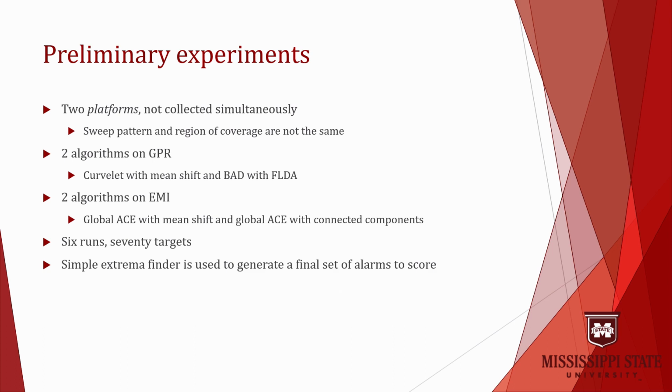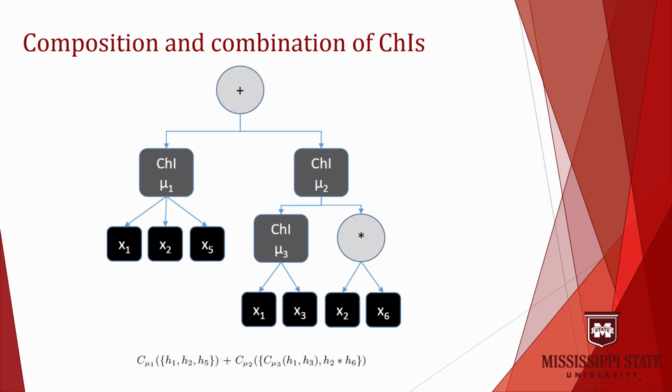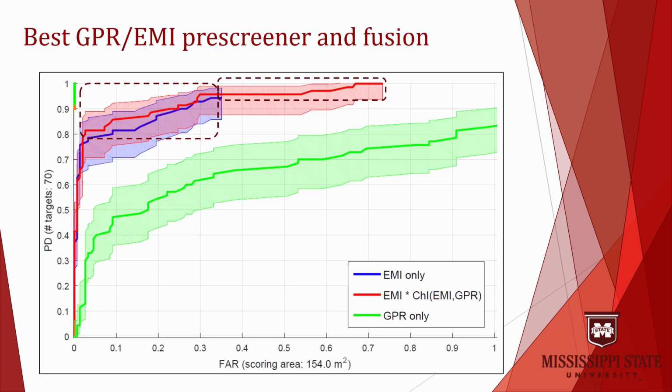The difference between the two sets was that one ACE used connected components and the other was run with mean shift for linking. We had 6 runs and 70 targets, and once each of these fusion trees was run, we get one of the maps that I showed you earlier, and we use a simple extrema finder to find the peaks.